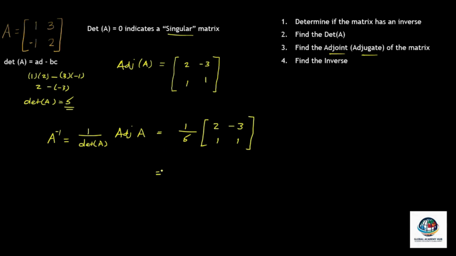This is what we call a scalar multiplication with a matrix. And so everything inside here is multiplied by 1/5. So I get 2 divided by 5, minus 3 divided by 5, 1 divided by 5, 1 divided by 5, and that's my inverse.